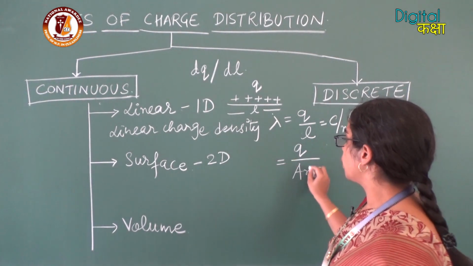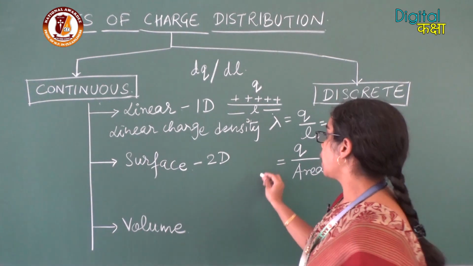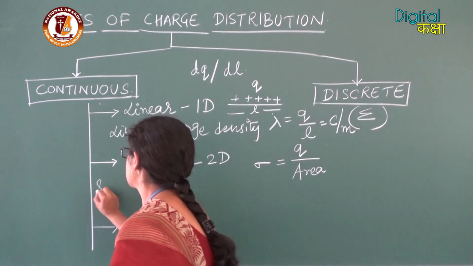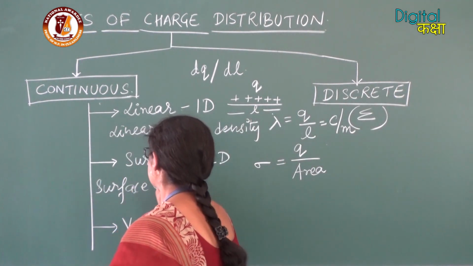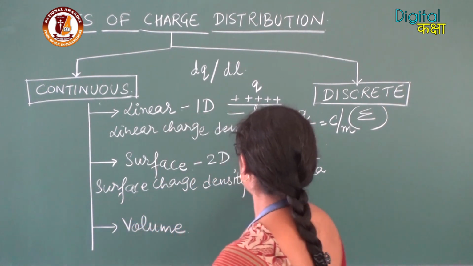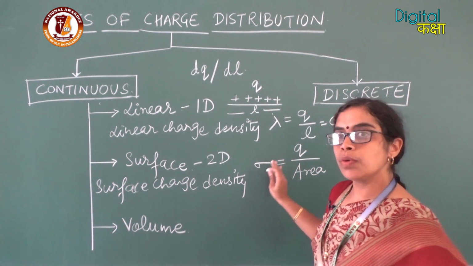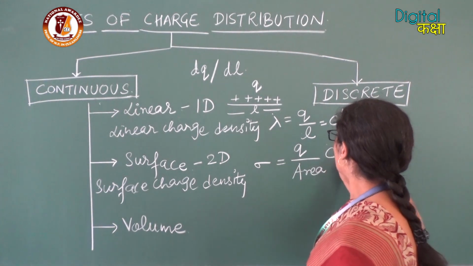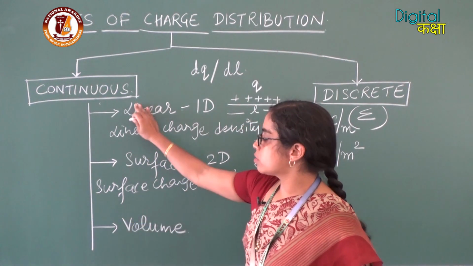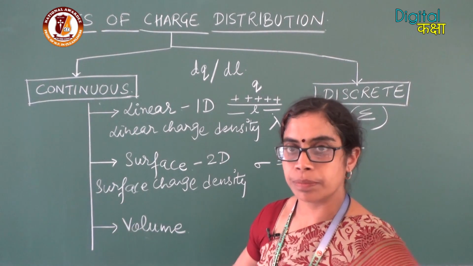The charge distributed over the complete area is denoted by the symbol sigma, and it is called the surface charge density. From the formula for sigma, it is very clear that the SI unit for sigma is coulomb per meter square. Coming to the next type, it is volume charge distribution.